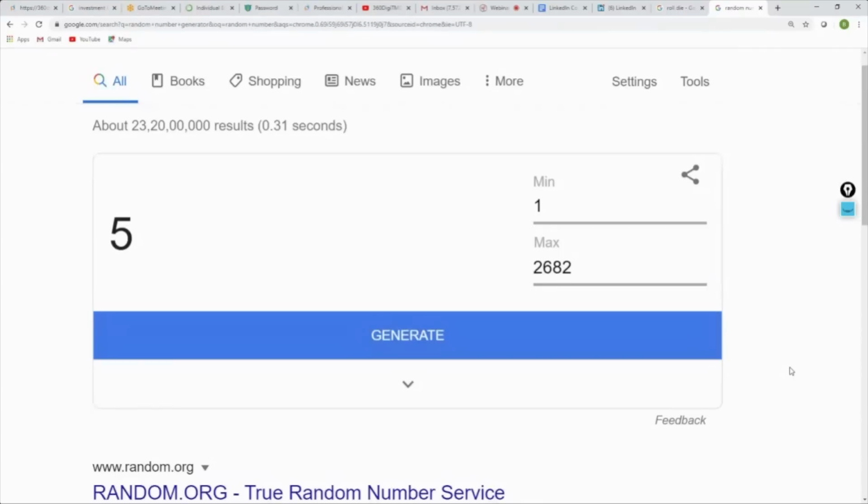People have attended. Out of these numbers, randomly generate some number. It will randomly keep choosing some number here and there. Every number being chosen, probability is 1 by 2,682.